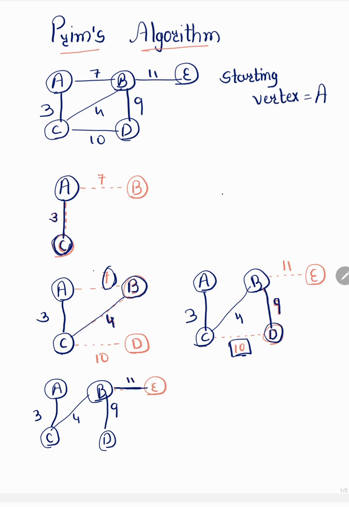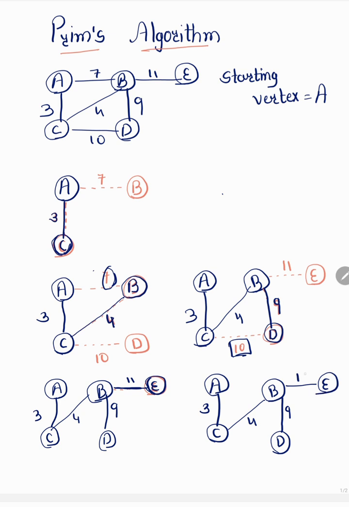and this is 11. Okay, right? So my final minimum spanning tree would be this A to C with the weight 3, towards the B with the weight 4, towards the D with the weight 9, and towards the E with the weight 11, right?